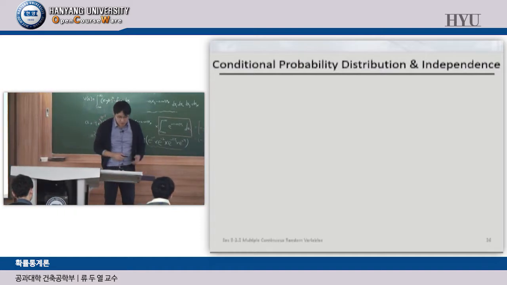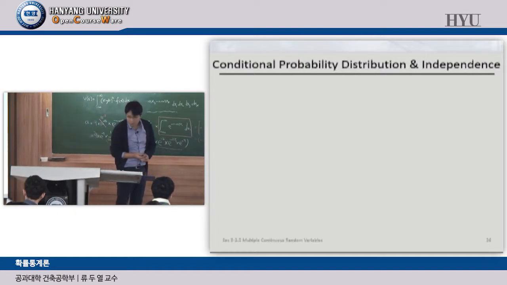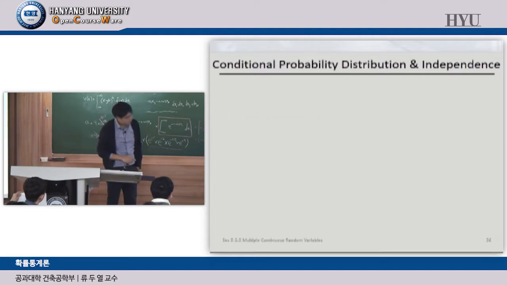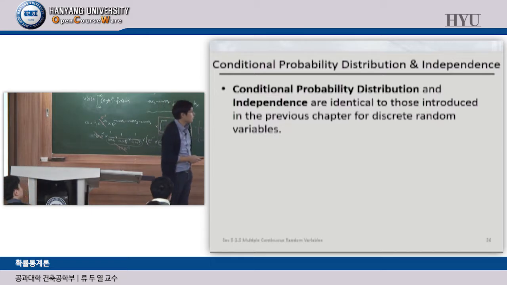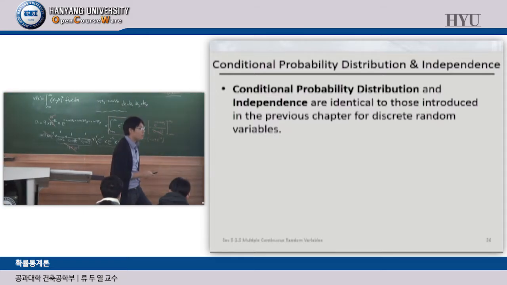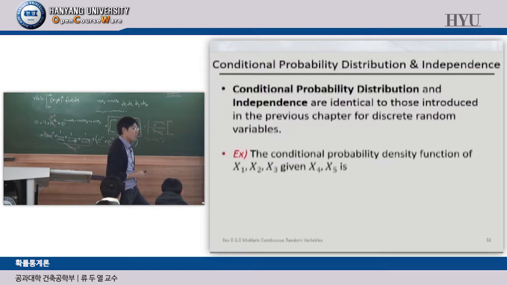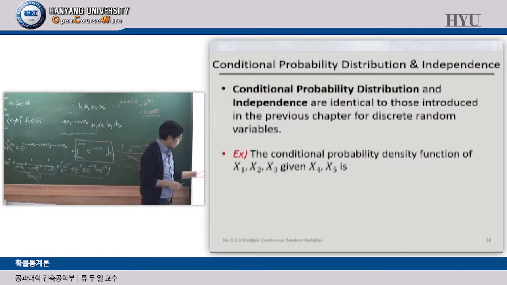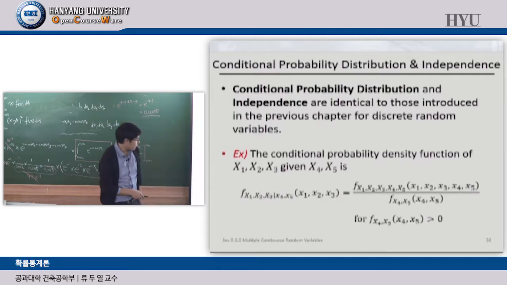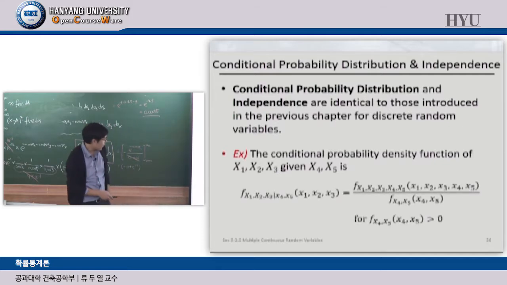And this is about the conditional probability distribution and the independence. The conditional probability distribution and independence are identical to those introduced in the previous chapter for the discrete random variables. For example, the conditional probability density function of x1, x2, x3 given x4, x5 can be expressed by the following equation, okay?